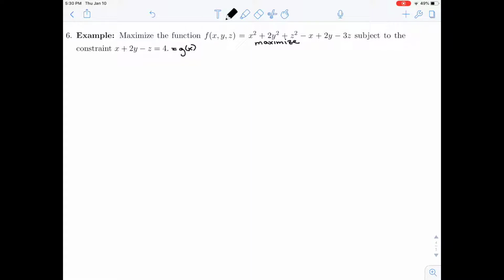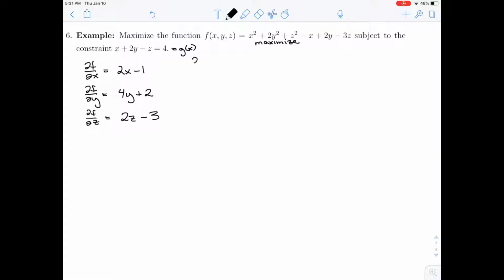So again, to use the method of Lagrange multipliers, we will need to find df dx, which is 2x minus 1, df dy, which is 4y plus 2, and df dz, which is 2z minus 3.